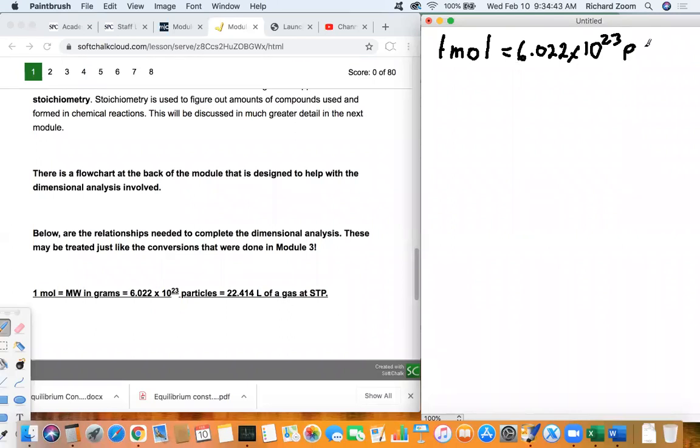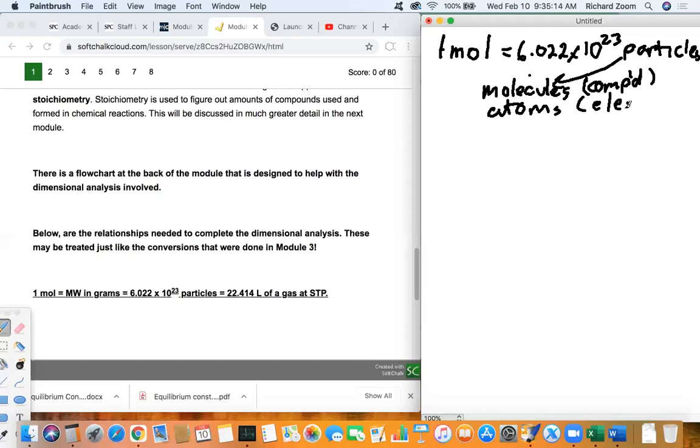Now, the particles can be molecules if we're talking about a compound, or atoms if we're talking about an element.